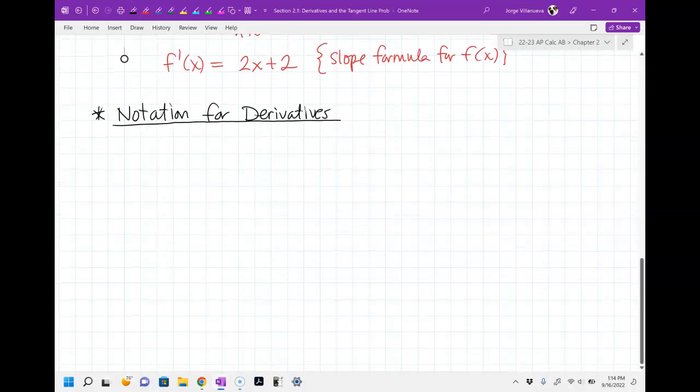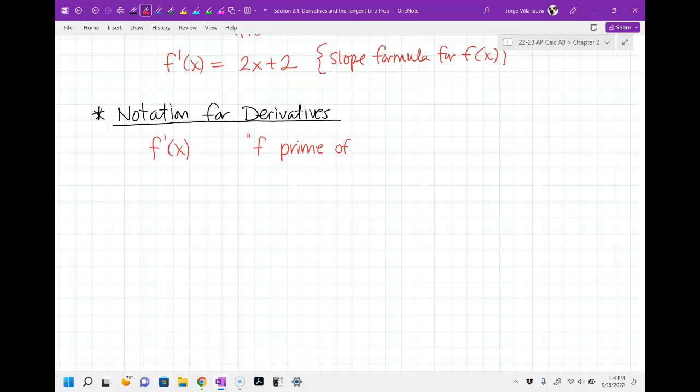Probably one of the most common is f prime of x. That means to take a derivative of the function f with respect to x. Another very common one is y prime. So in other words, take the derivative of y.